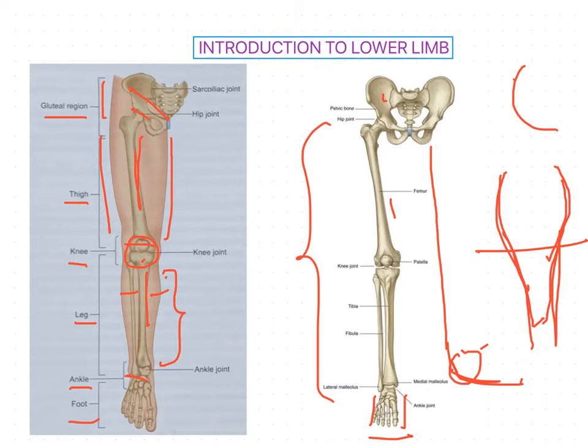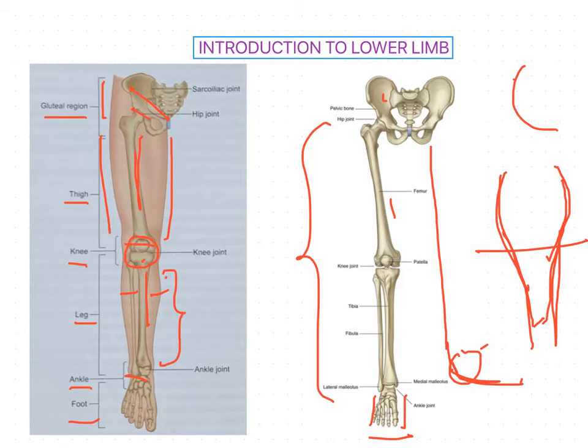Okay, then we will move on to the particular regions where again we are going to study from skin, superficial fascia and deep fascia, the muscles and the blood vessels and the nerves which are related to that region, or we are going to study the nerves and vessels as a whole. Okay, so these are all the regions of the lower limb.